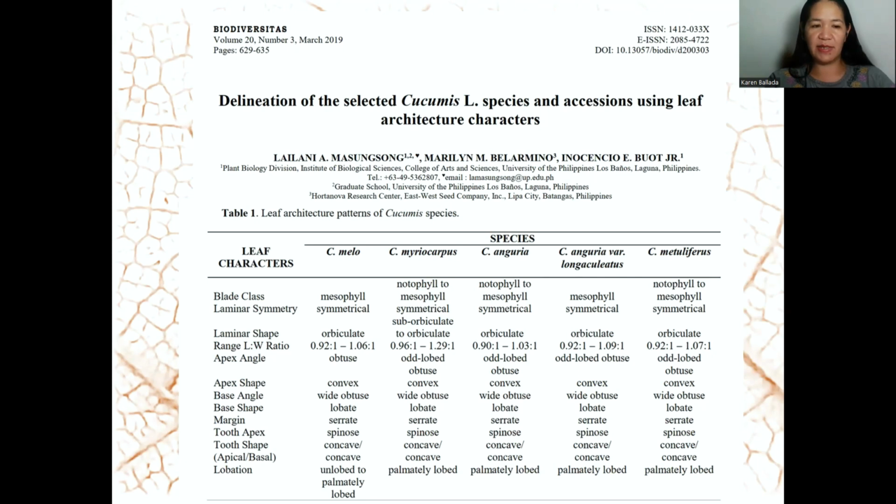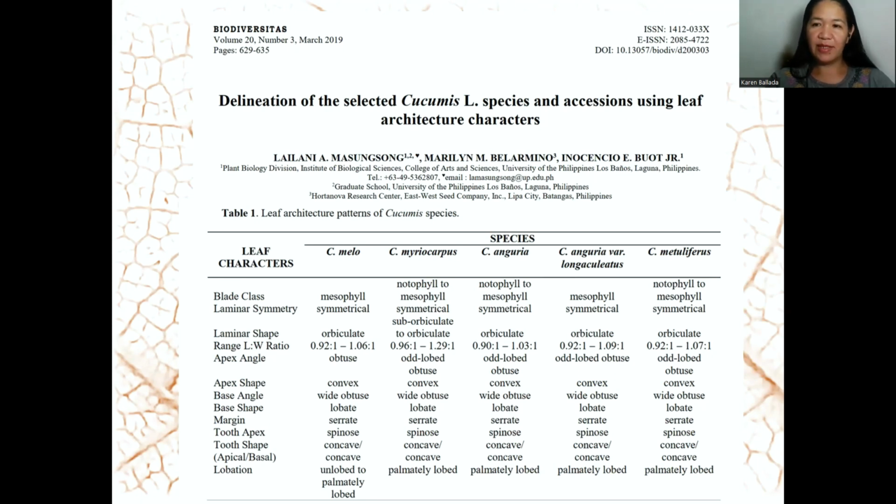So their study basically aims to delineate selected Cucumis accessions based on leaf architecture. These are their results. They were able to characterize the different Cucumis: Cucumis melo, Myriocarpus, Cucumis anguria, variety longaculeatus, and Cucumis metuliferus.